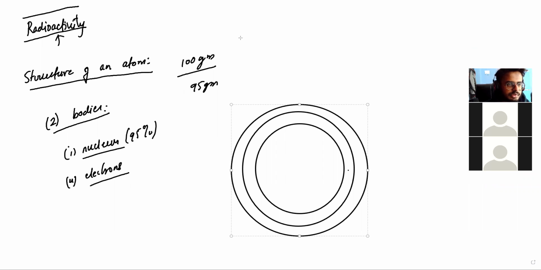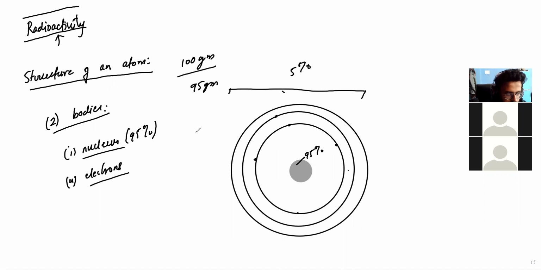I'll draw the central nucleus somewhere here. So this is the central nucleus, and everything outside it is where electrons are revolving, the orbits. So the nucleus alone is 95% of the mass of the atom, and these electrons constitute only about 5% of the atom.